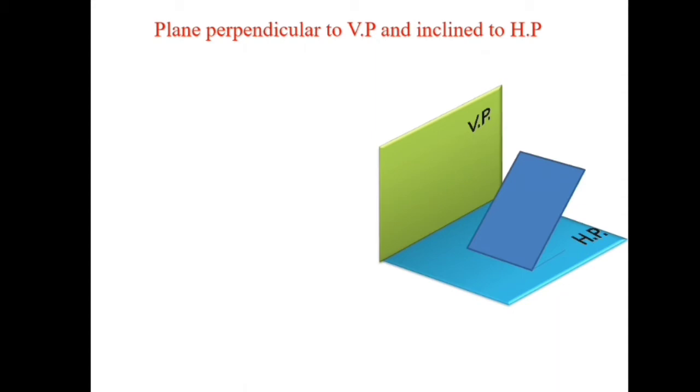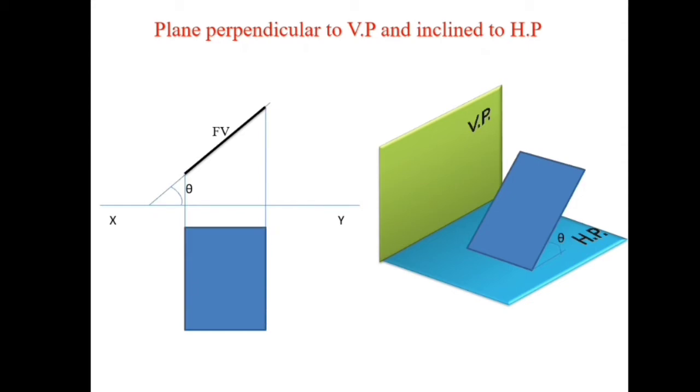For this type of plane, when you watch from the front view, you will get an inclined line, and in the top view you will get a reduced true shape. So first you draw an inclined line in the front view position, and in the top view position you will get a reduced true shape of this plane.